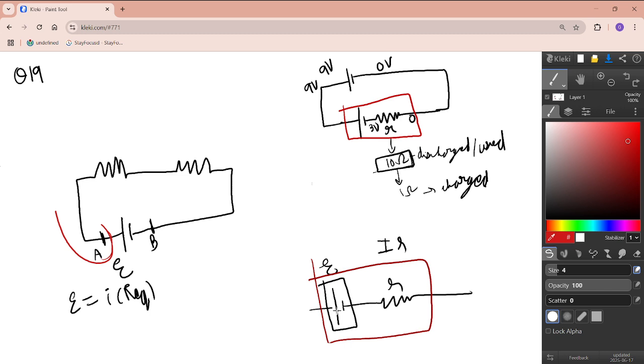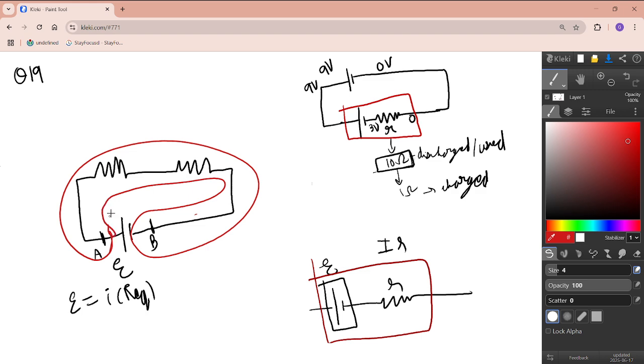But here we are using Ohm's law to calculate the potential difference across this battery. The current is going through here, also current is going through the battery. It is going from here to here. But we are not talking about the current that's going through the battery. We are talking about the current that's going through these ohmic conductors.